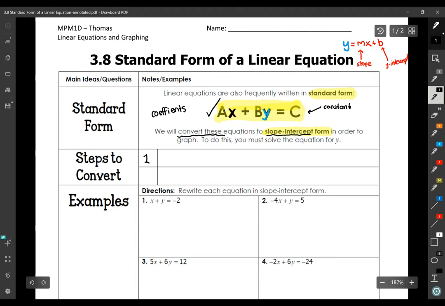Step one is to add or subtract, depending on whether the coefficient is positive or negative, the term ax to move it to the other side.